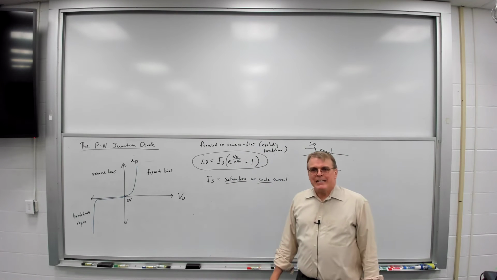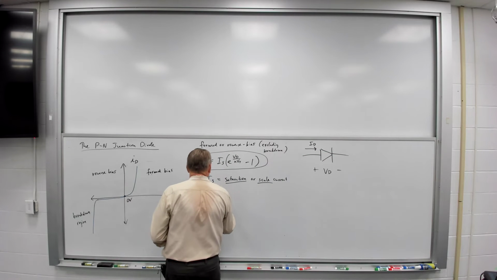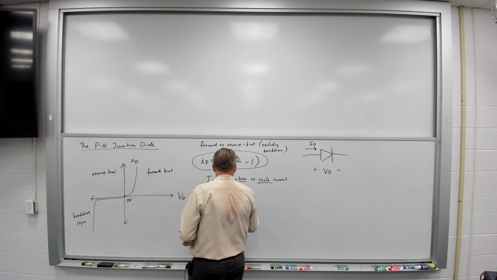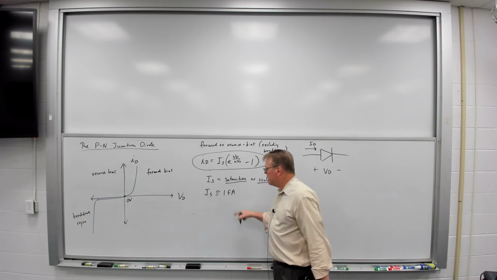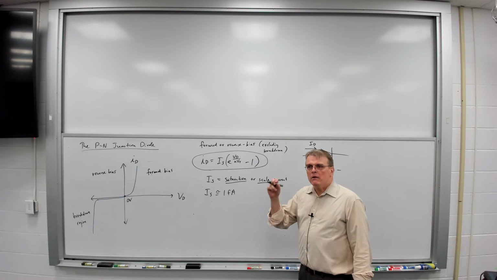I sub S is typically a small number, typically going to be on the order of 1 to 10 femtoamperes for a low power diode.